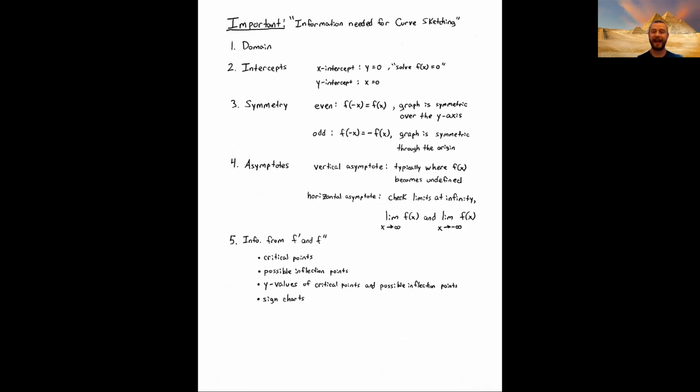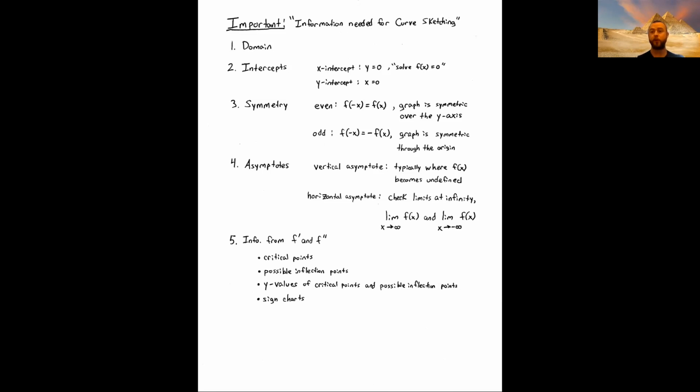All right, and then the last part is what we most recently covered, the information from the first and second derivative. What we're going to be using from that are critical points, the possible inflection points. Those lead into the sign charts. In order for us to actually sketch a graph, we've usually been finding the critical points and possible inflection points as just x values or x coordinates.